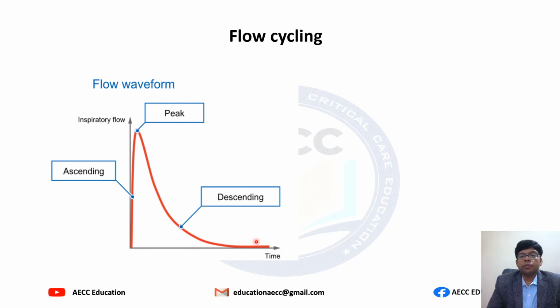This flow cycling works with the descending part of the inspiratory flow. The peak inspiratory flow is taken as 100%, regardless of its absolute value.